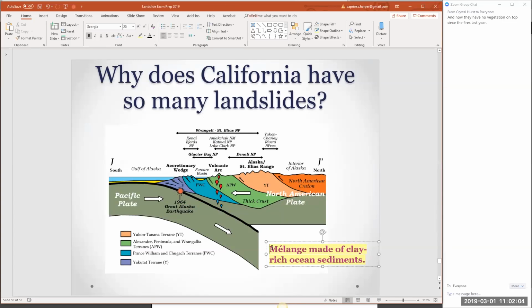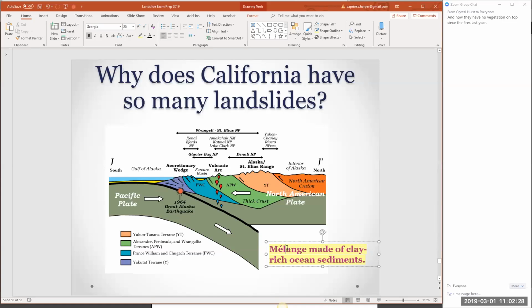It's on the exam. It uses the term melange, made of clay-rich ocean sediments that have just been smeared on. So it's clay-rich, so it's inherently unstable. And there's the coastal erosion, the rain, and the climate.